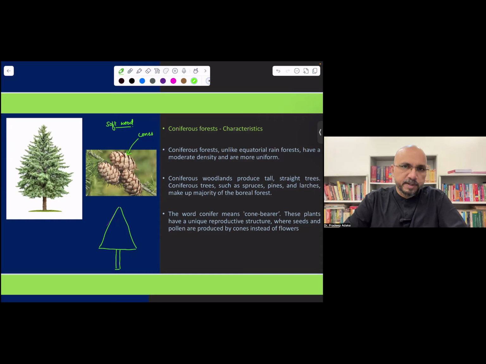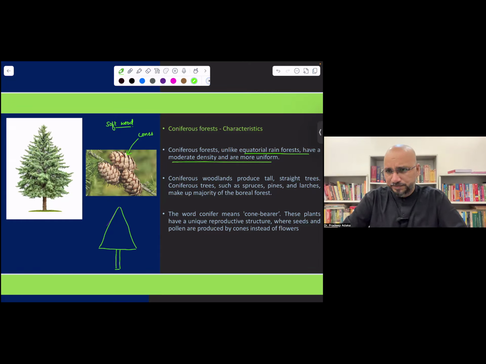Most of the paper pulp, cellulose, comes from softwood trees. So the paper pulp for newspaper mainly comes from these trees. Okay, softwood trees. So conifers, unlike equatorial rainforest, have moderate density and they are more uniform.